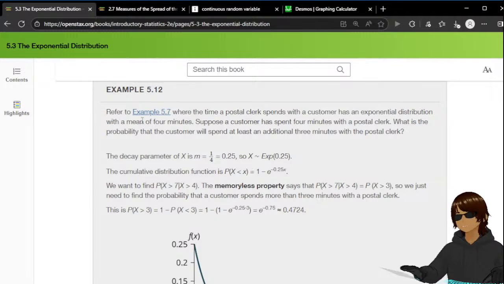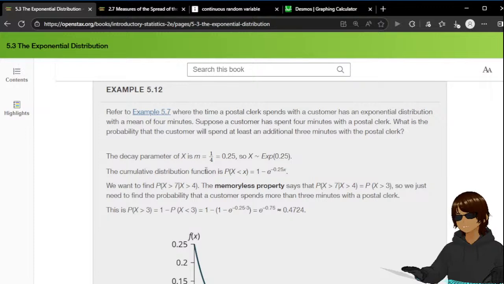And refer to example 5.7, where the time a postal clerk spends with a customer has an exponential distribution with a mean of 4 minutes. Suppose a customer has spent 4 minutes with a postal clerk. What is the probability that the customer will spend at least an additional 3 minutes with a postal clerk? So the decay parameter of x is 1 over 4. Yeah, 4 minutes, that makes sense.